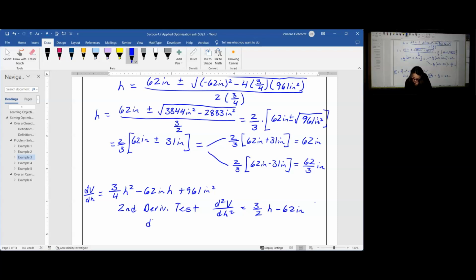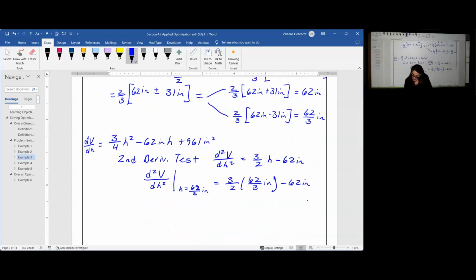Now I'm going to evaluate that at the one that I think is a possibility, when h is 62 thirds inches. And this gives me 3/2 times 62/3 inches minus 62 inches.